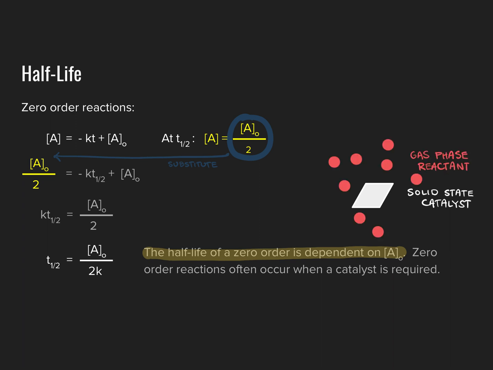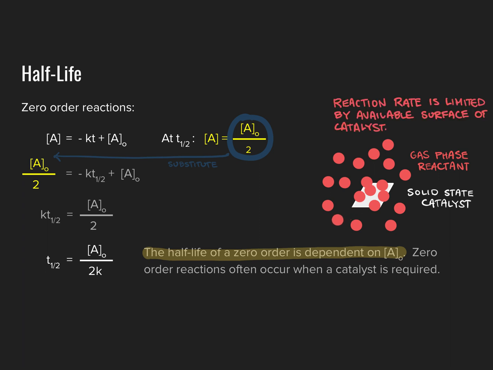Once the surface of that solid-state catalyst is completely covered up by the reactant species A, no matter how much I change the concentration of species A, no more of that species can come into contact with the surface of the catalyst, and therefore the rate of reaction would be essentially independent of the concentration of species A. That is to say, this is a zero-order reaction.